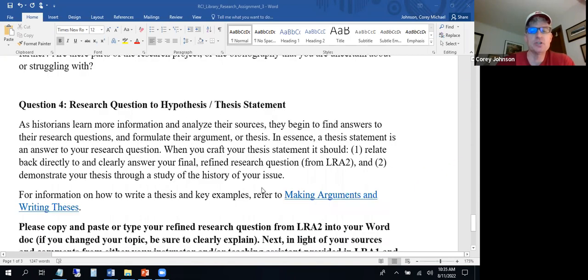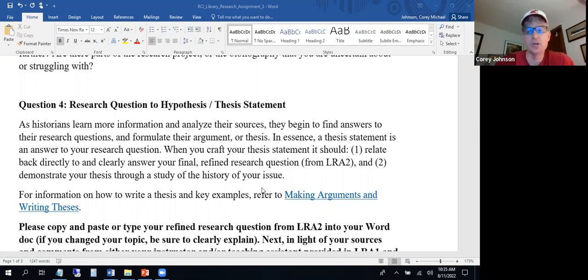The fourth and final question is taking your 2 research questions you created in LRA number 2 and narrowing it down to 1 single question, and then also providing an answer to that question.